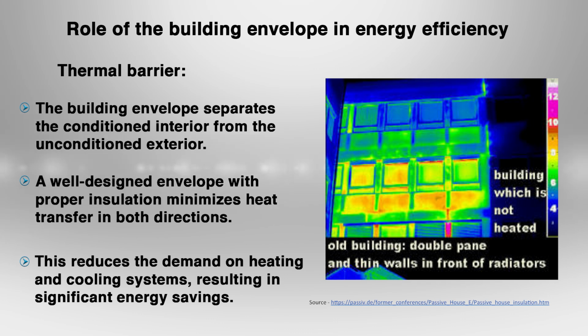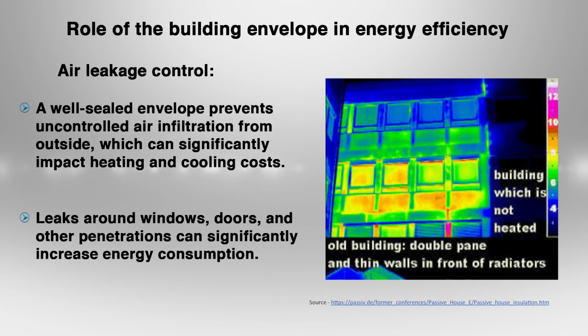On the other hand, a poorly designed envelope with air leaks, inadequate insulation or inefficient windows can significantly increase energy consumption. Uncontrolled air infiltration and heat transfer through the envelope force heating and cooling systems to work harder, leading to higher energy bills and a larger environmental footprint.